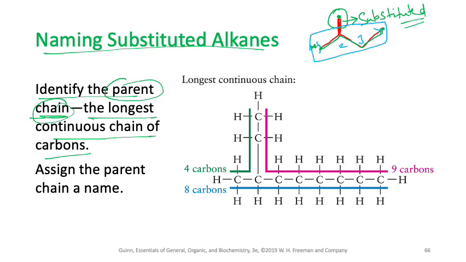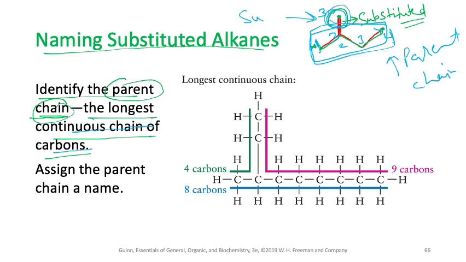If I had gone up, something like this, 1, 2, then we would have just 3 carbons. But I already know if I go the way that I did, I get 4 carbons. So our parent chain is the longest continuous chain of carbon. So I got 4, so this is our parent chain. And what's this carbon on the top? That's your substituted carbon, which is not part of the parent chain.